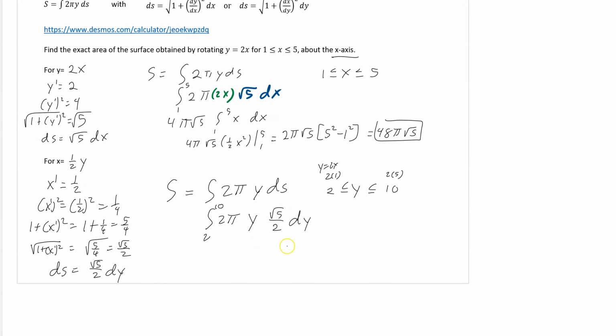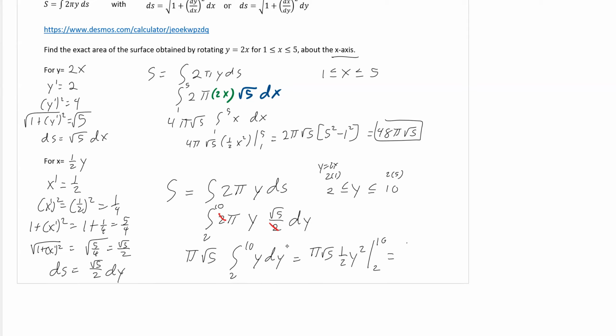All right, so these cancel. And so we get pi rad 5. Oops, wrong color. Let me change it back. I don't know how it changed. Pi rad 5 integral from 2 to 10 of y dy. Okay, so this again would be pi rad 5 1/2 y squared from 2 to 10.